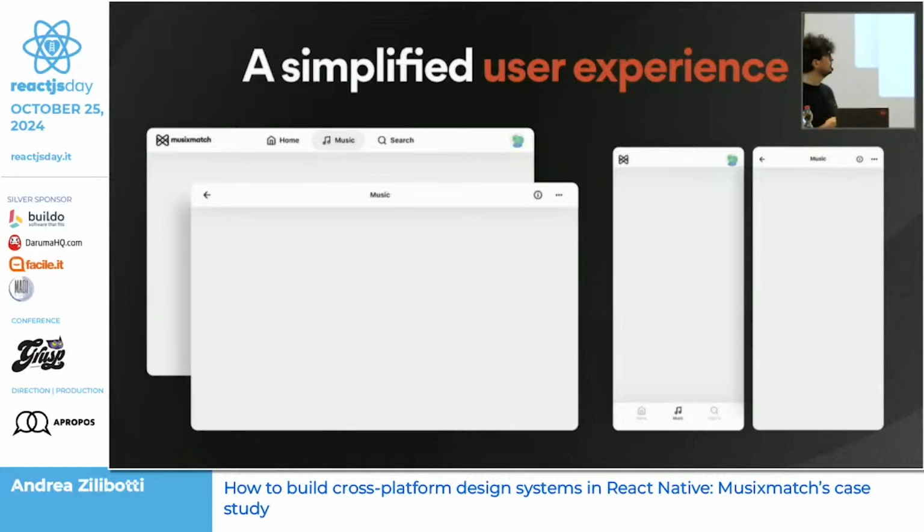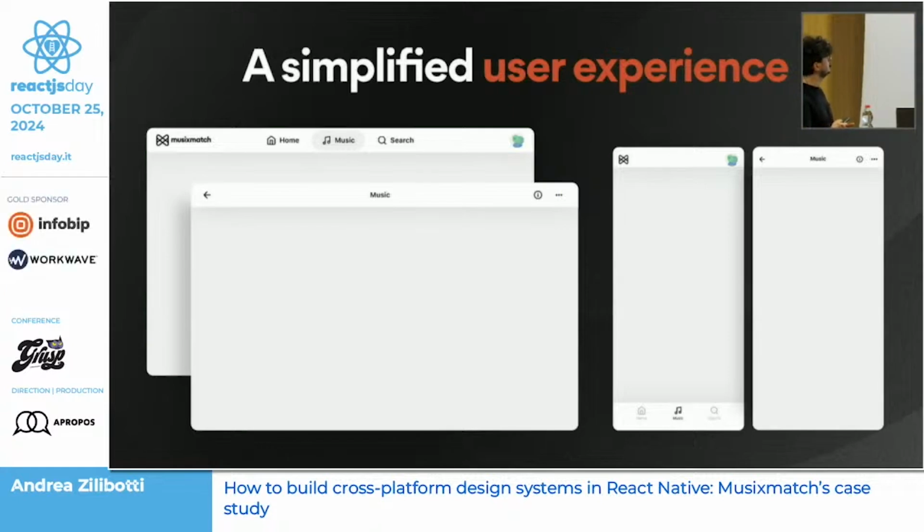So, for example, you can see here, this is one of our navigation patterns. Let's say that this is an app with 3 main tabs: home, music, and search. And actually, this is the home page of my app, and the tabs in the header goes to the bottom in the small version, because this is a pattern quite common in native development.